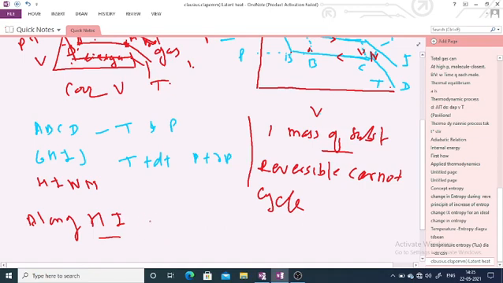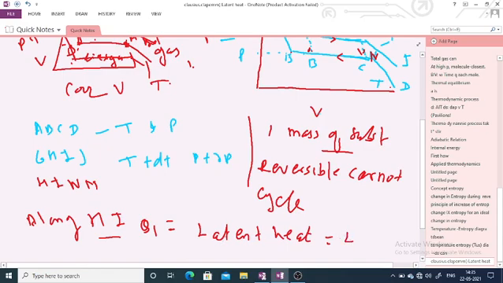According to the Carnot cycle, Q1 is the amount of heat absorbed. But in this case, you should remember when the substance undergoes a change in phase, the amount of heat absorbed by the substance is called latent heat. And latent heat is denoted by L.